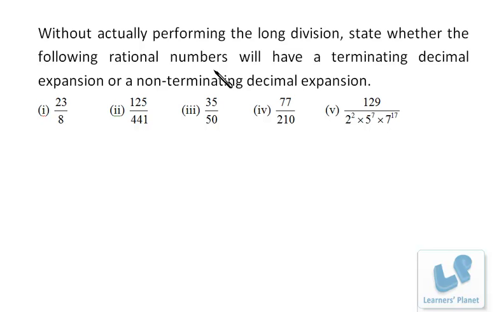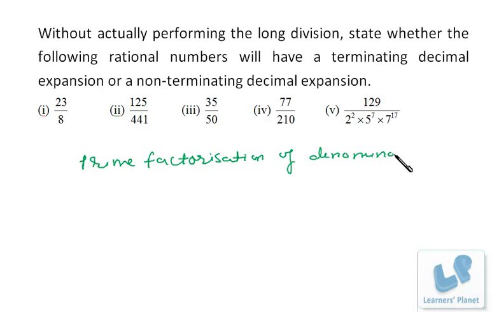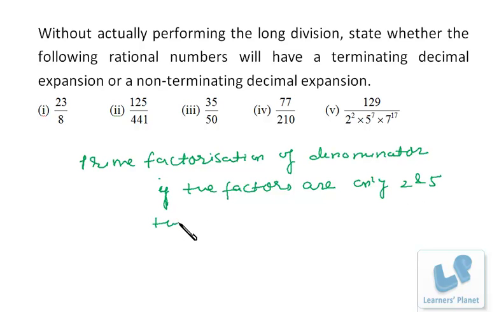So friends, we have already discussed, if we do the prime factorization of denominator and if we get the factors as 2 and 5 only, then it will be terminating decimal expansion.